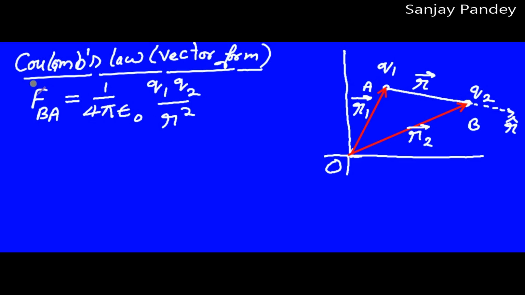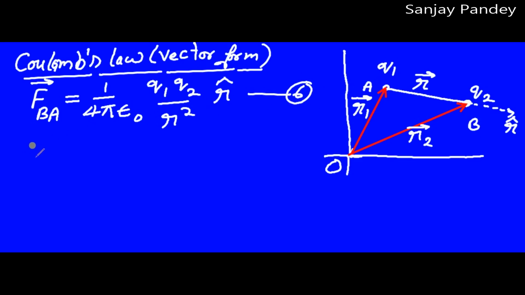But in vector form, we can write it with r cap. This is the direction of r cap, and as the electrostatic force is repulsive in nature, it will be in the direction of r cap. Let us call it equation 6.